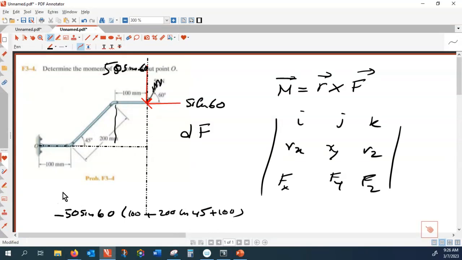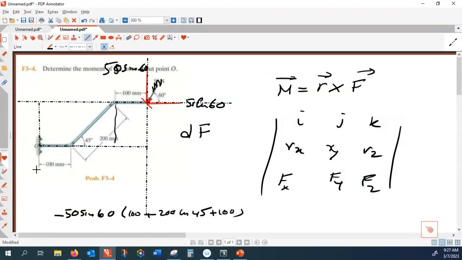Easy. That one is the rotation due to the vertical component. And then I have to add to it the rotation due to the horizontal component. The horizontal one, again, let me draw the line of action for the horizontal, and then draw a normal from here to here to find out the shortest distance. So what is that short distance from here to here? Who can tell me what's that distance? What is that distance? 200 sine 45, right?